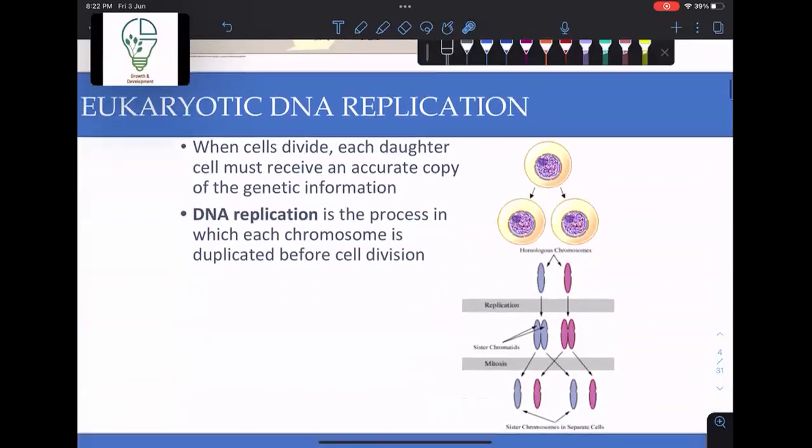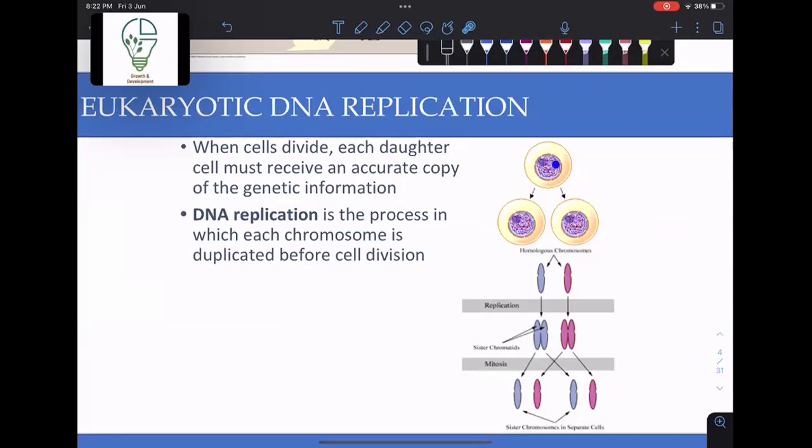All right, so when the cells divide in eukaryotes, which means organisms with multiple cells, so not unicellular organisms, each daughter cell receives a copy of the genetic information. Every cell in the body has DNA inside of it, with a few exceptions, such as the RBCs, but almost every cell in the body has a copy of this DNA.